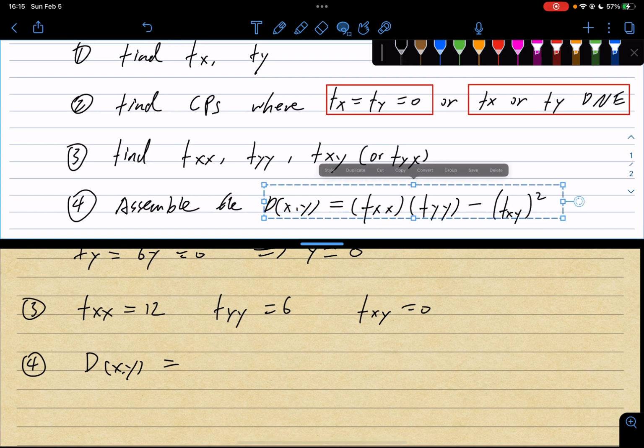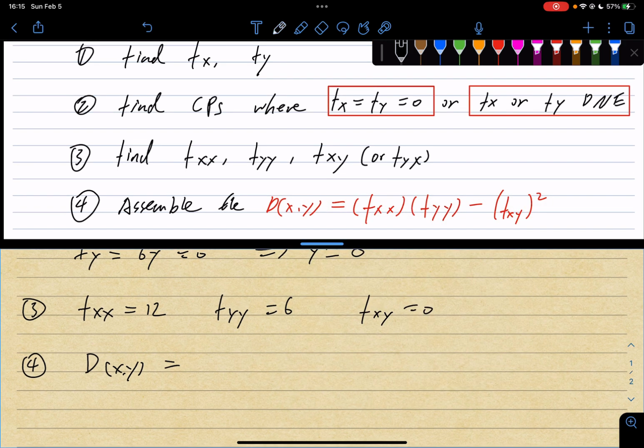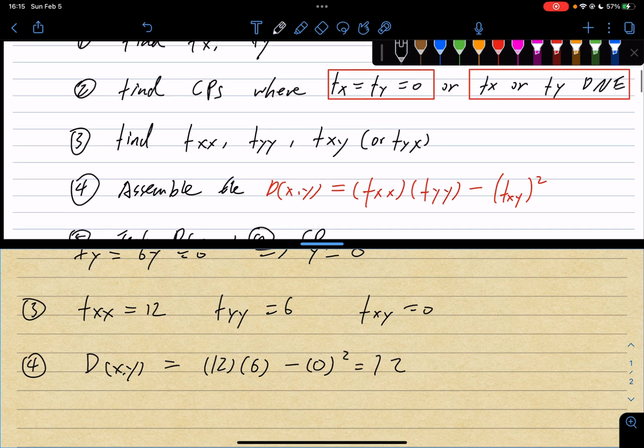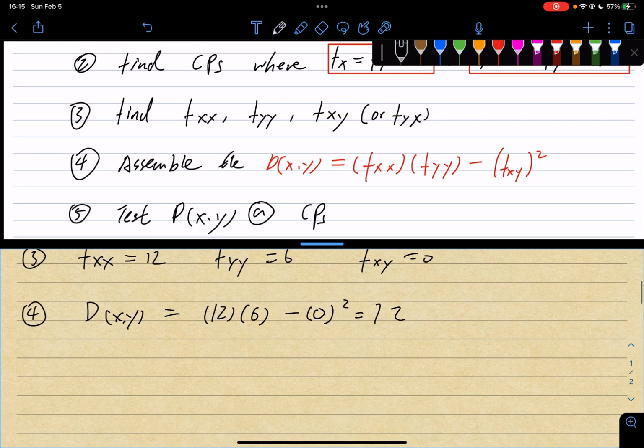Let's go ahead and highlight it in red. So this will be 12 times 6 minus 0 squared equals 72.